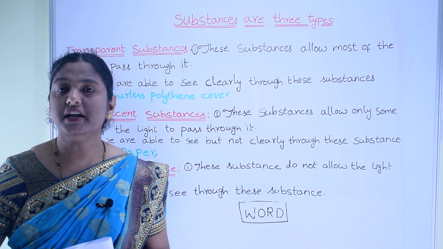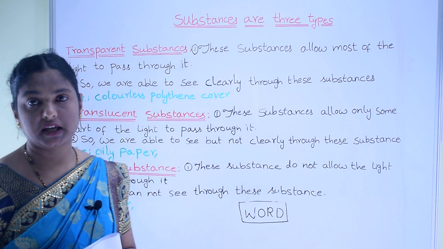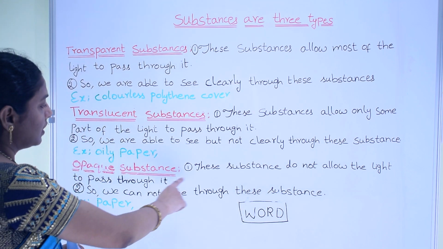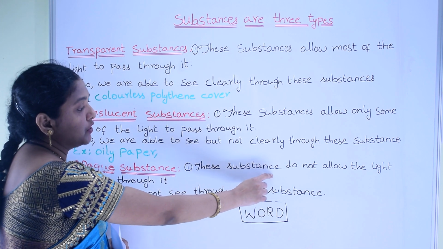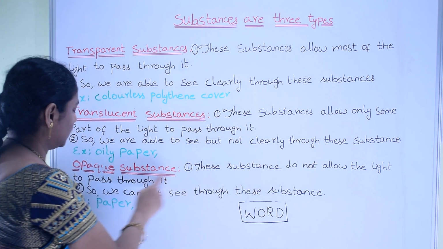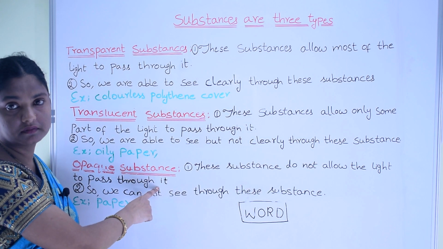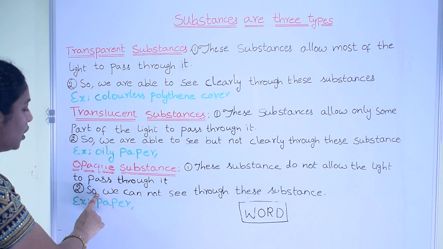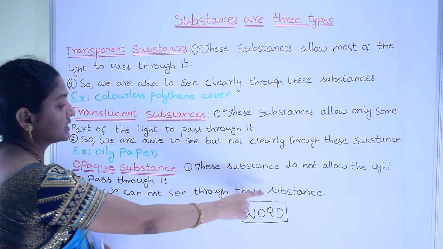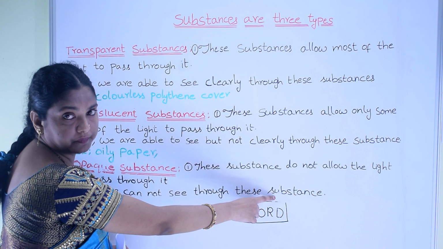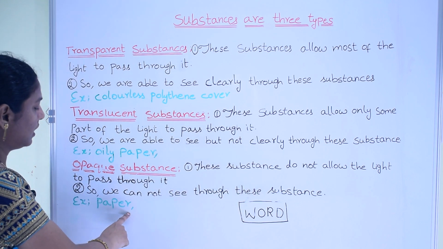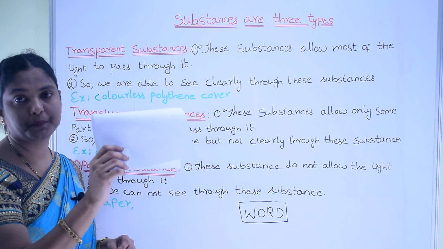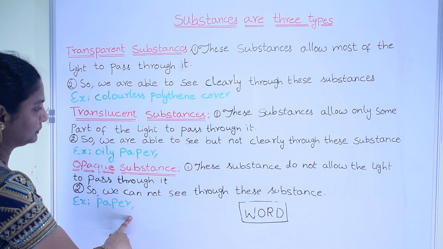Now, the definition of opaque substance is: these substances do not allow the light to pass through them. So we cannot see through these substances. Example, paper, like this.